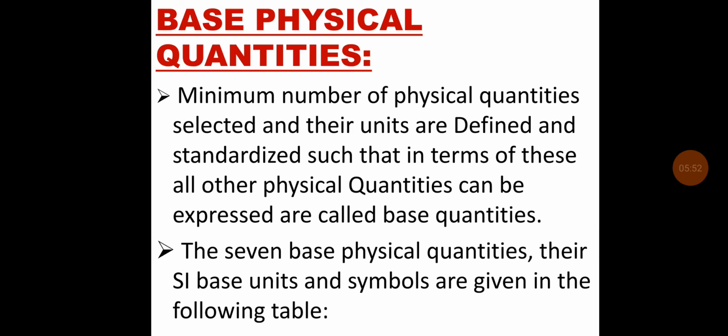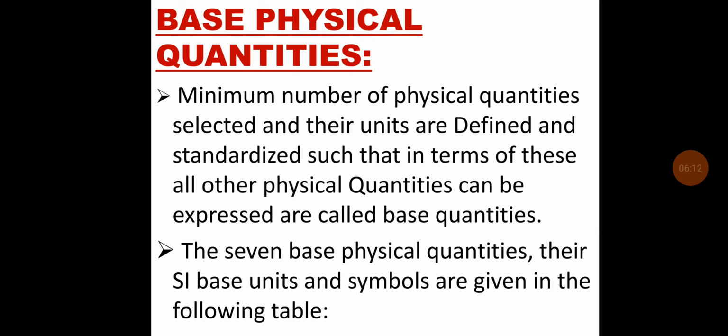The International System of Units is based on 7 base quantities and 7 base units, which are defined as the minimum number of physical quantities selected, and the units are defined and standardized such that in terms of these all other physical quantities can be expressed.